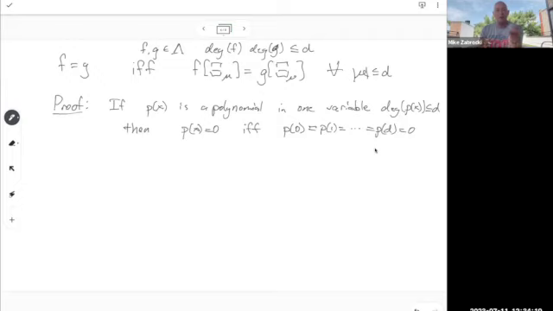A polynomial of degree at most D with D plus 1 roots must be the 0 polynomial. So the statement that I'm making here is the multivariate version of that.